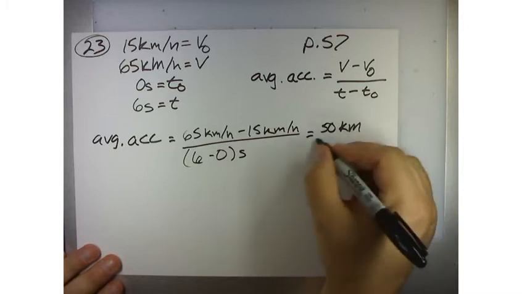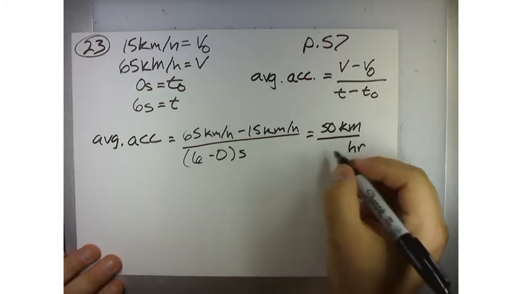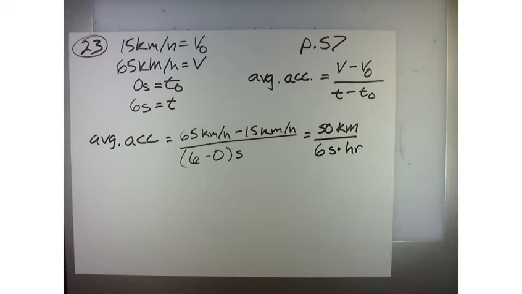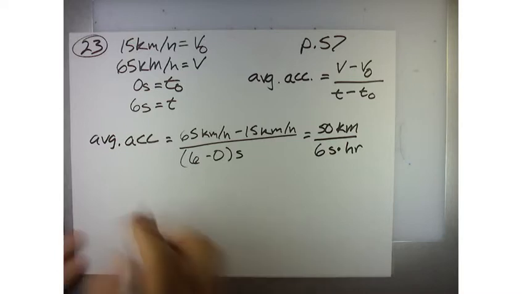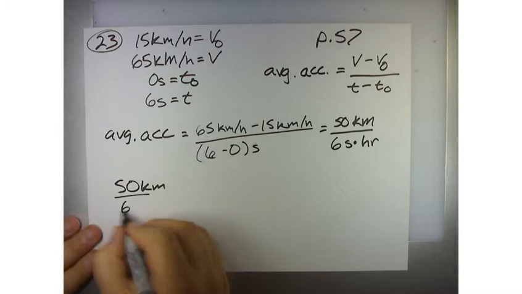Now really that hour gets tossed down to the bottom of the fraction, and I get 60 seconds times hours for my unit. Okay? But I want this answer of 50 kilometers per 6 second hours.